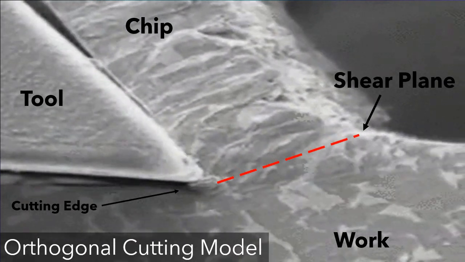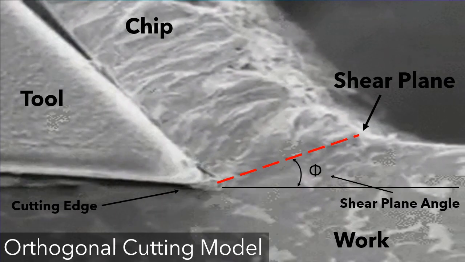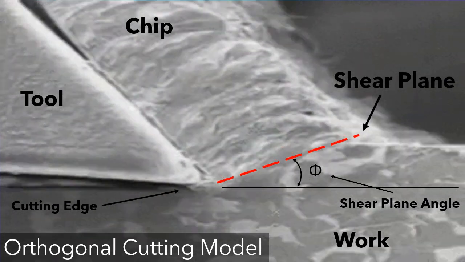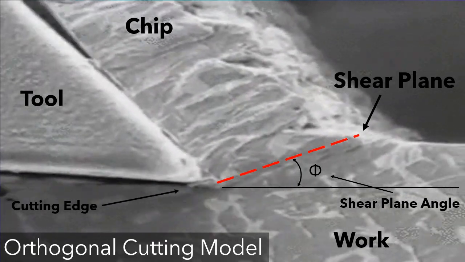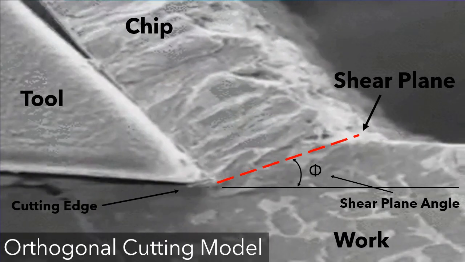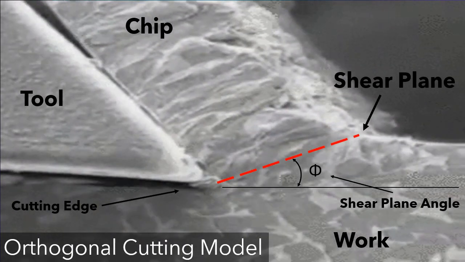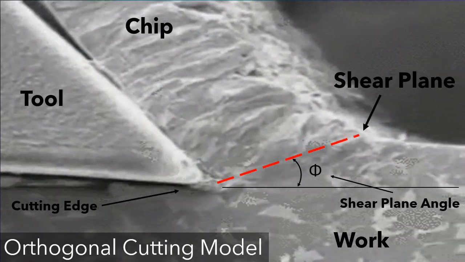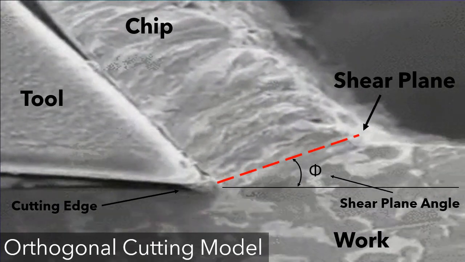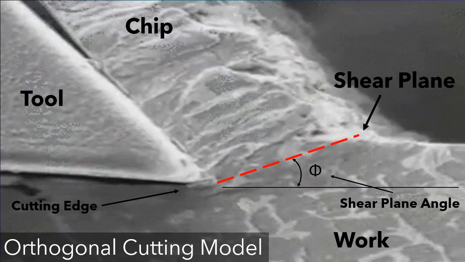The shear plane is oriented at the angle phi with the surface of the work. The sharp cutting edge of the tool causes failure of the material, resulting in the separation of the chip from the parent material.